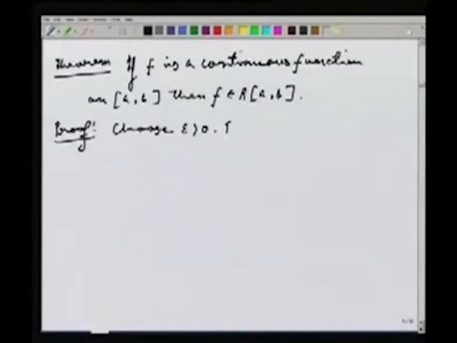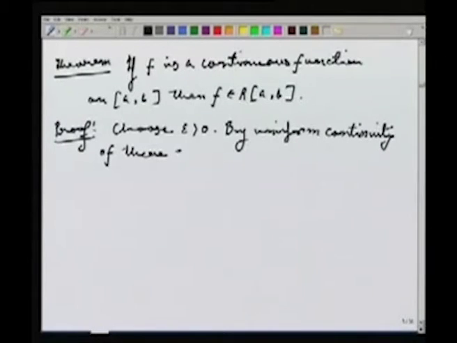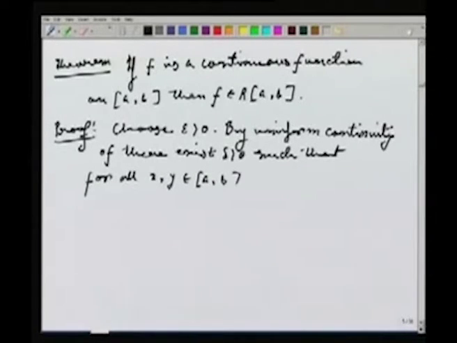So by uniform continuity of f, there exists delta bigger than 0 such that for all x, y in the closed interval [a, b], modulus of x minus y less than delta implies modulus of f(x) minus f(y) is less than epsilon.